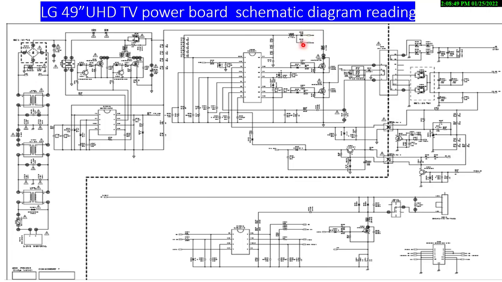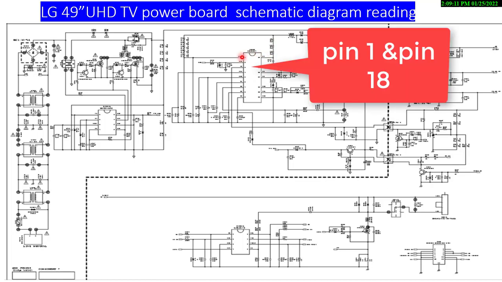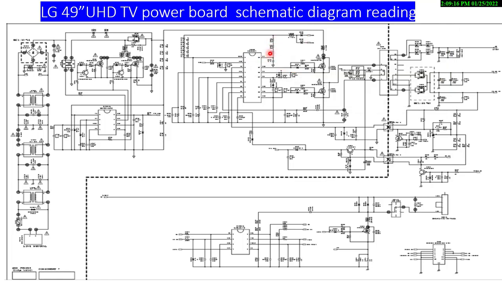This AC voltage is rectified with the help of this rectifier diode and filtered with the help of the inductor, and the DC voltage is transferred to this IC by pin number 1 and pin number 18. So when the voltage is input to this IC from two directions, or by these two pointers, at this time this IC starts minimum working.